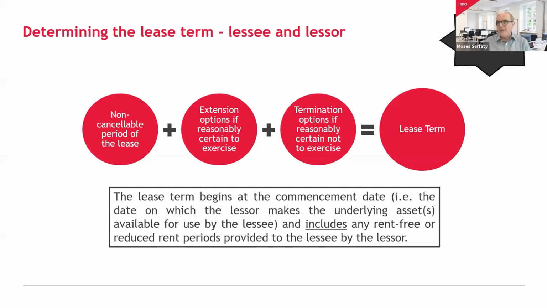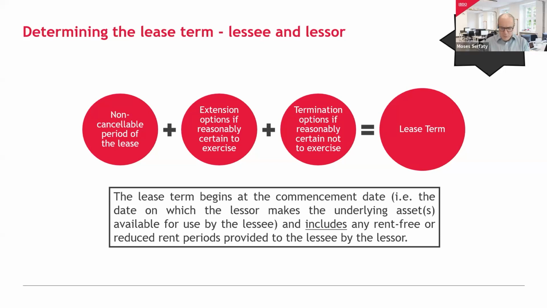Just a reminder that the assessment of lease term is done at the commencement date of the lease, not lease inception. So you might sign a lease but not take the keys, say, to the property for 3 months. You make that determination at the commencement date, and the commencement date is also the date when you recognize your right of use asset, or your lease asset, and your lease liability.